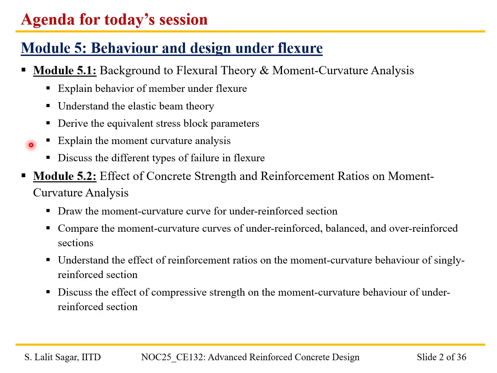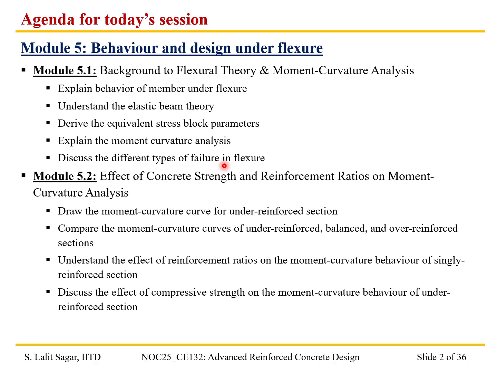So similarly, we have performed the moment curvature analysis in this week's module, and we discussed the different types of failure in flexure, that is the brittle failure or the ductile failure, corresponding to the various types of cross sections.